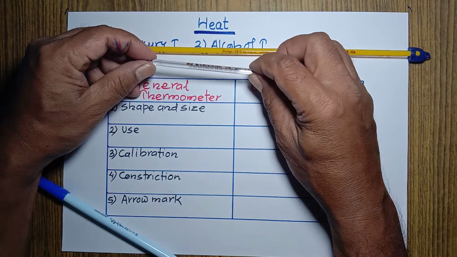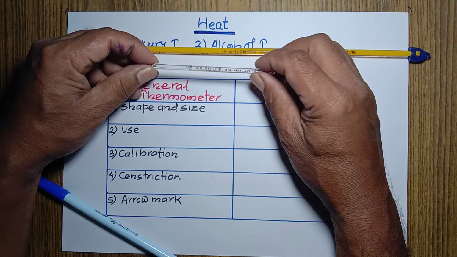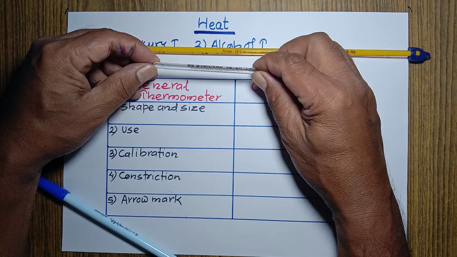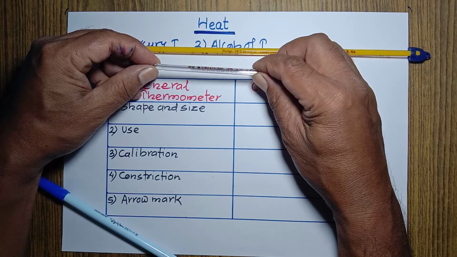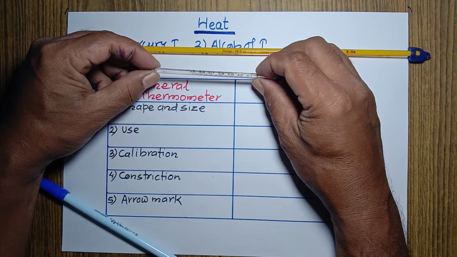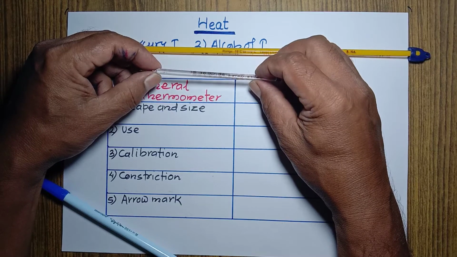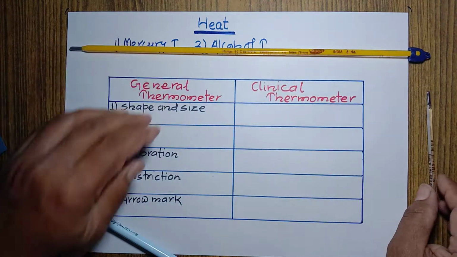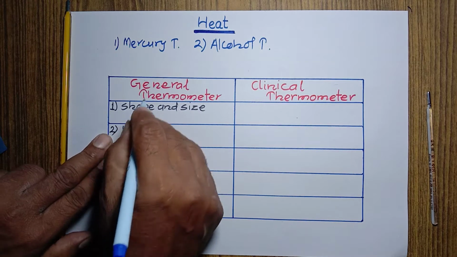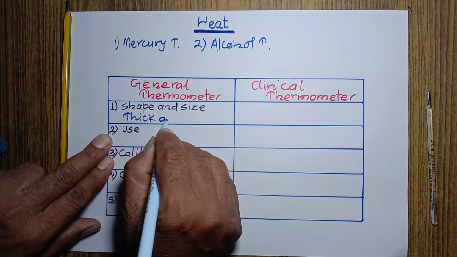When temperature has to be taken, and then after taking the temperature, we have to see the thread of mercury at which point it is there. I mean to say what is the reading. Now we can see it by turning. Because of the prismatic shape we can identify the temperature. So one of the points we can write this way: general thermometer is thick and long.